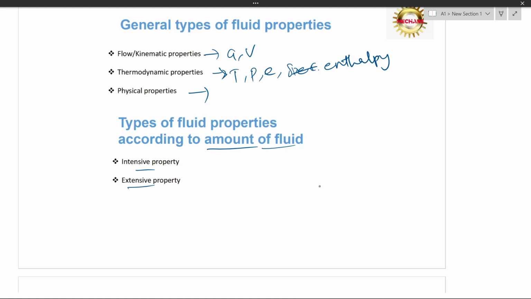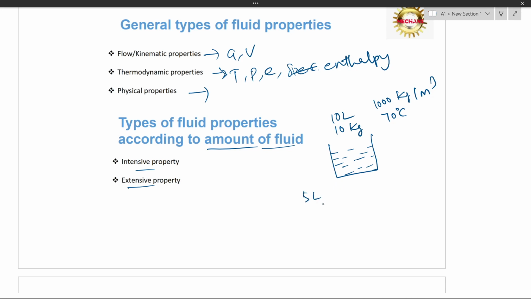For example, if you take 10 liters of water, the weight is 10 kg, assume like that, and the density of the water we know is 1000 kilogram per meter cube, and its temperature is around 70 degrees. We consider it accurately as 70 degrees, and you pour out half of this water.